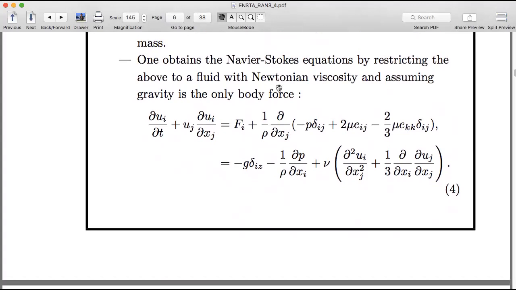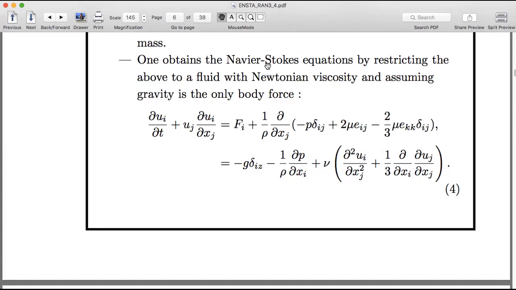Maybe a little potential pitfall that I should mention: we call it a Newtonian fluid, and the Navier-Stokes equations are Newton's second law for a Newtonian fluid, but Newton here is used in two senses.